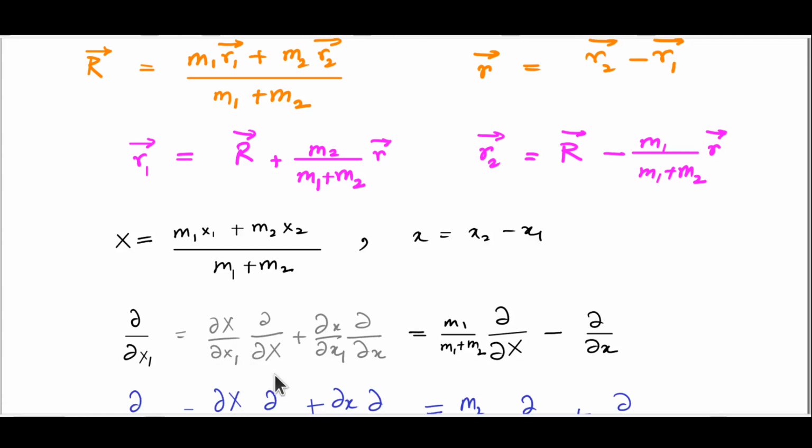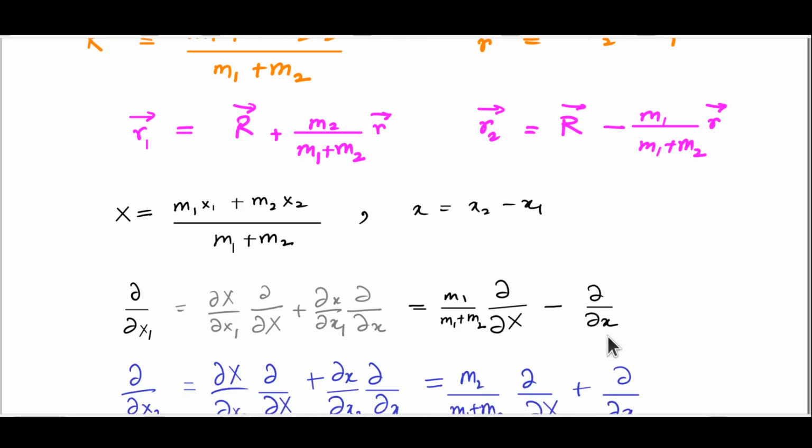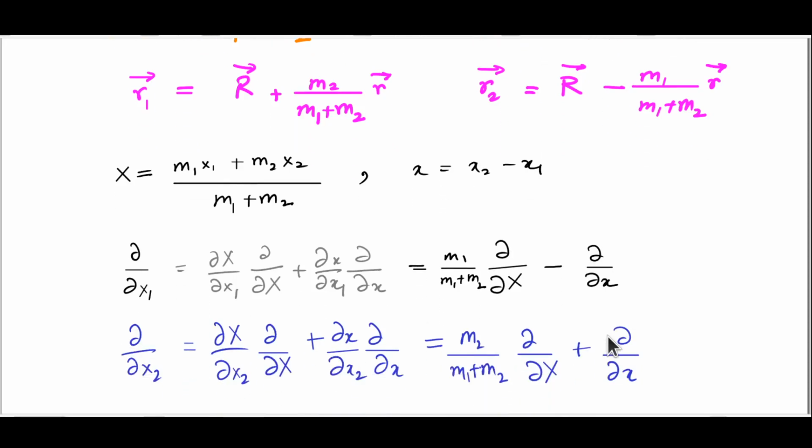These things constant. Now, it's pretty easy to calculate this result. It's nearly trivial. The derivatives involved here can be immediately read off from the line above, and it turns out that del small x1 turns out to be m1 by m1 plus m2 del capital X minus del small x. And a very similar calculation will give you del small x2.